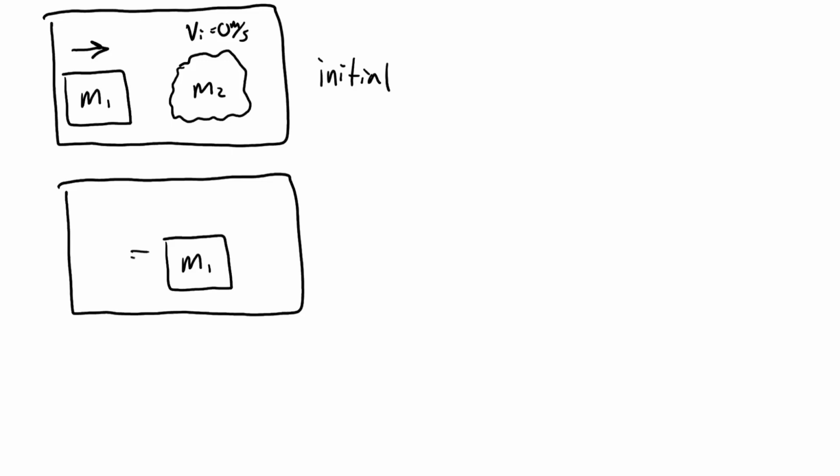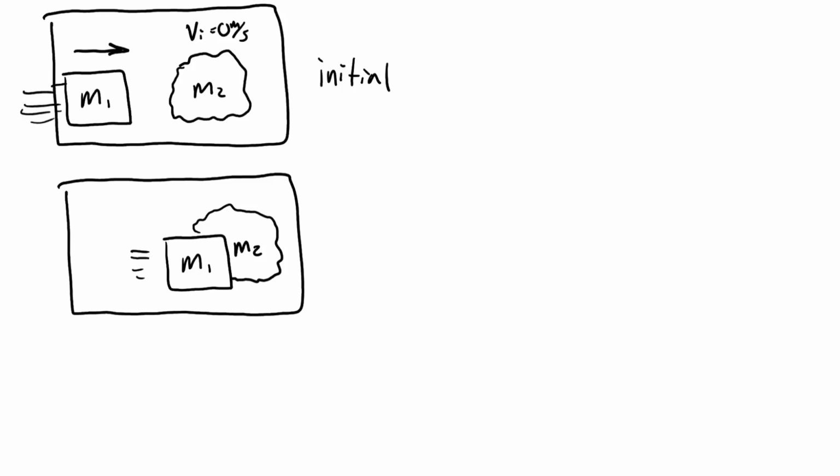So this is still moving along here, but now the lump of clay or whatever it is is stuck on, and they're moving together with the same velocity. But how should we draw this velocity vector? What do you think happens if the initial velocity looks like this? Maybe it's coming in super fast.